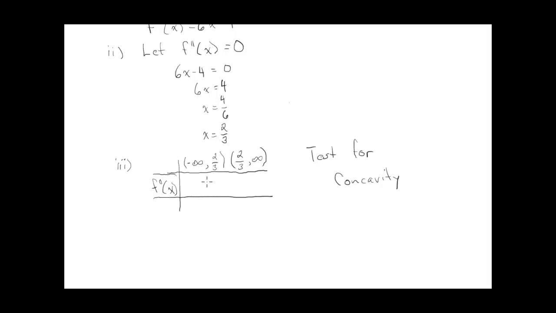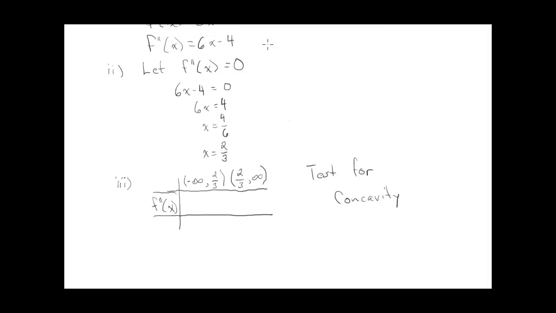An easy number would be 0. If you sub 0 into the second derivative function, I would get a negative number. 6 times 0 minus 4 is negative 4. Then in the next interval, if you subbed in a number bigger than 2/3, so like 1 is an easy example, you get a positive number.